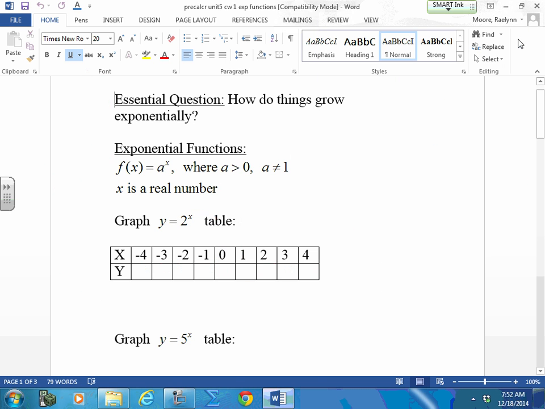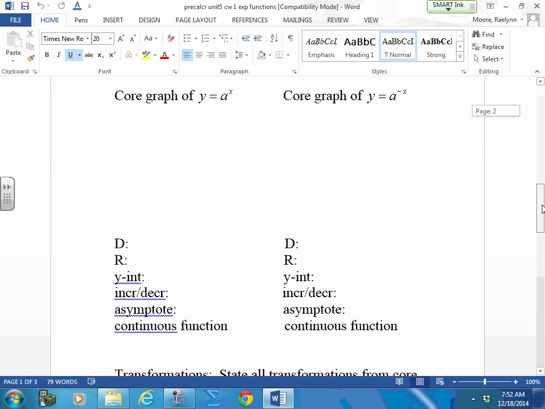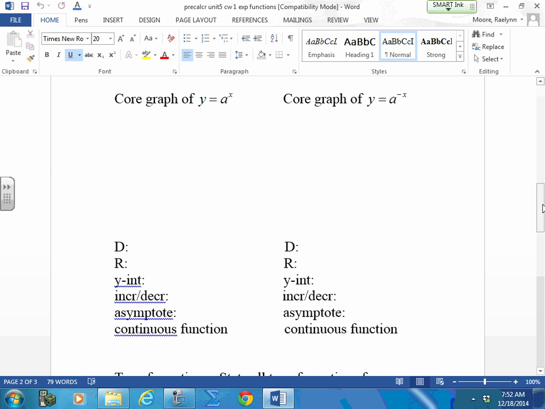All right. Basic type, a little bit of a review of what you're used to doing for your graphs. Let's recap. Any core graph, parent graph, whatever you want to call this, is going to behave the same exact way.